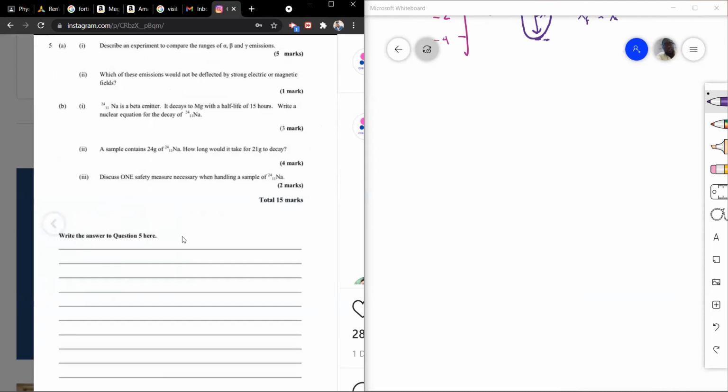Well, this is a specimen paper, so it probably never ended up being in the first place.